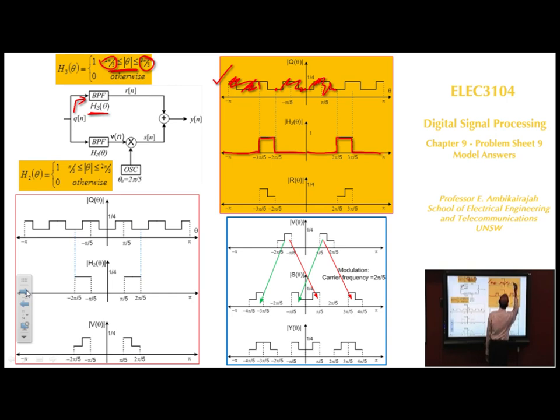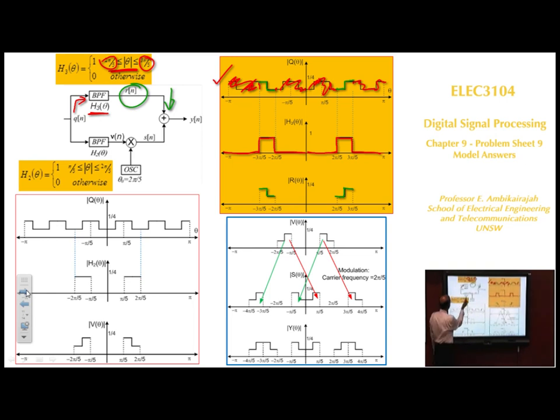That part is also gone. So the bandpass filter only keeps that bit and that bit. That's your R theta there, and it's ready here now.